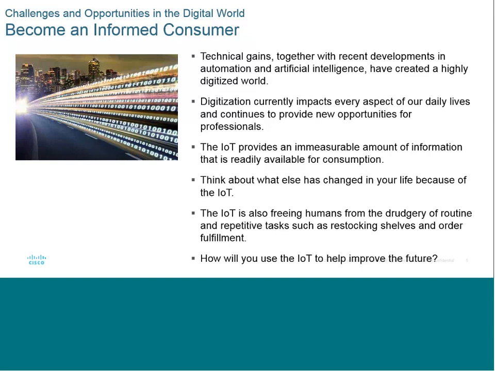So IoT has replaced all those tasks that were done by human beings, like, as I have given the example, changing the shelves or repetitive tasks. These tasks can be done by the devices now, not by human beings.